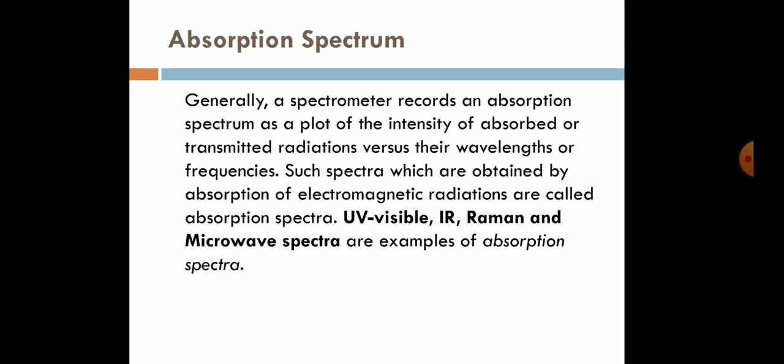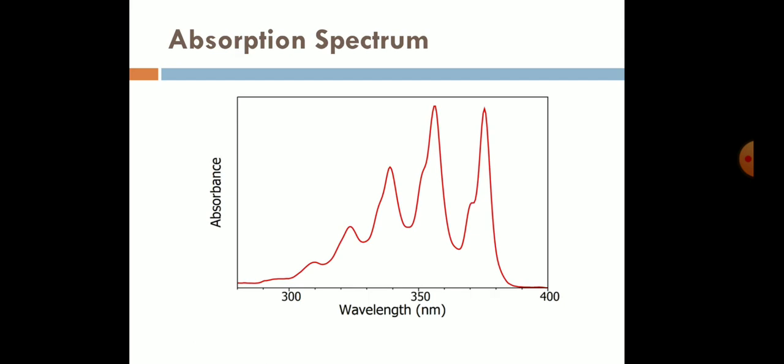The plot is between the intensity of absorbed light and the wavelength of the light which has been absorbed, in a simpler sense. Now this figure shows the absorption spectrum of some compound, and here on the y-axis there is absorbance and the x-axis is wavelength.